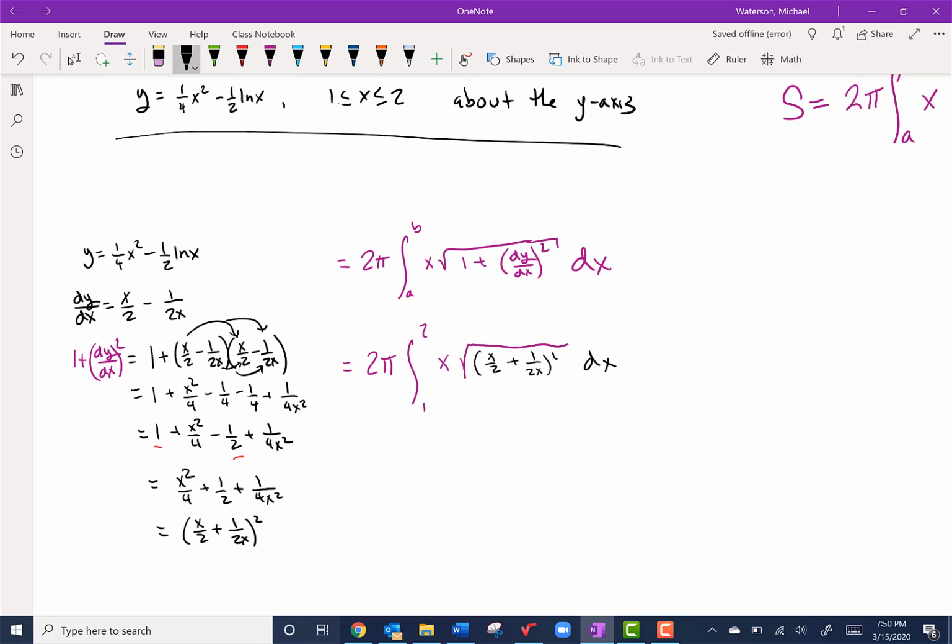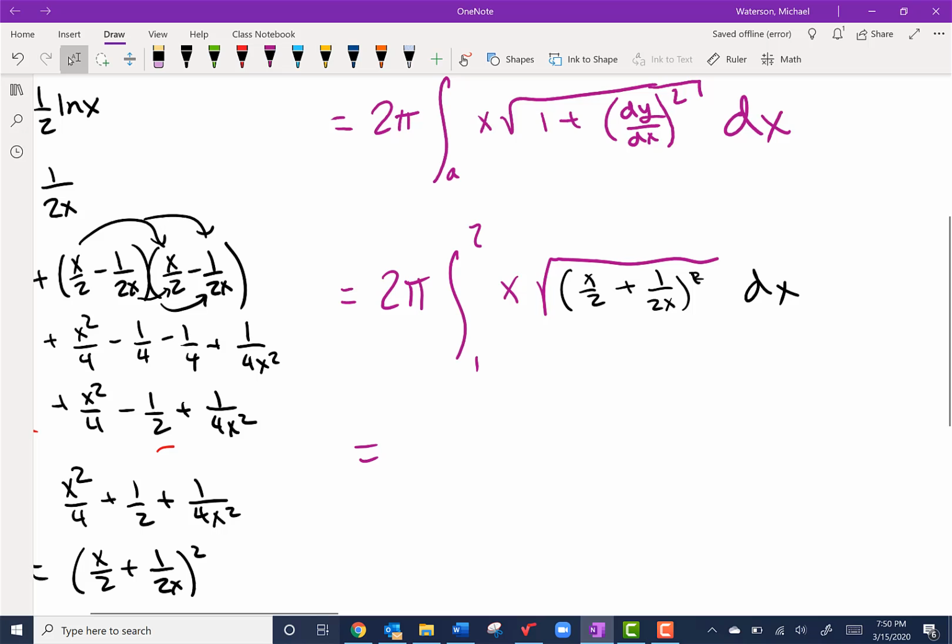And we're allowed to square this with the square root because our bounds are going from 1 to 2, and everything's going to be positive throughout. So let's start tackling it.